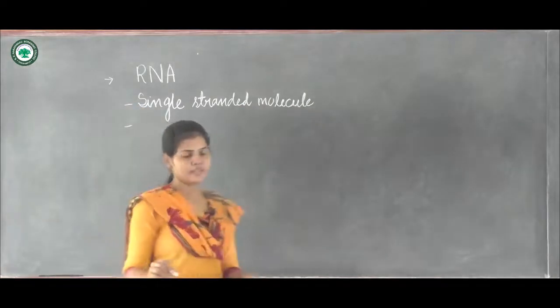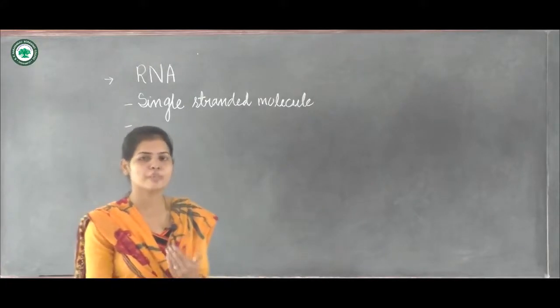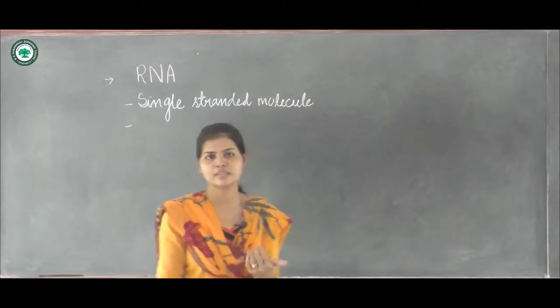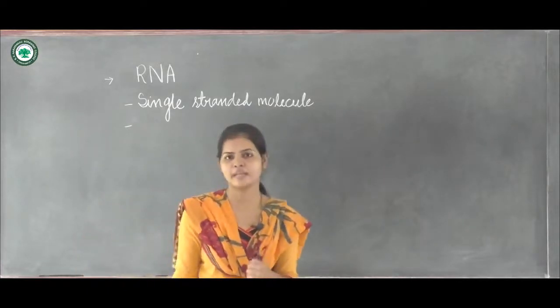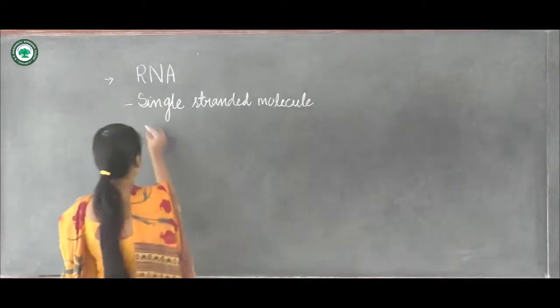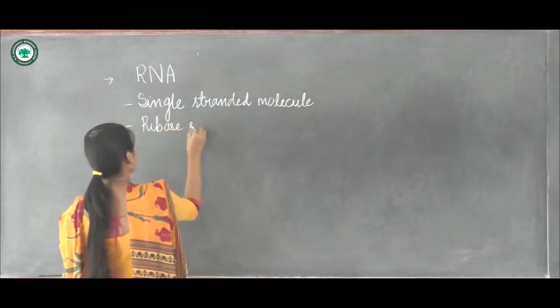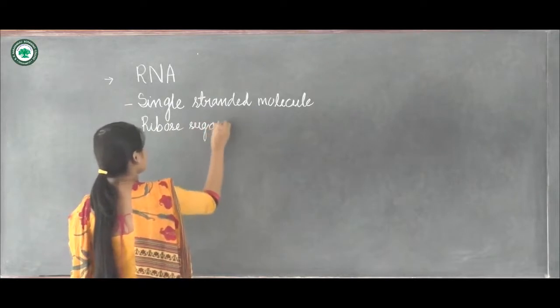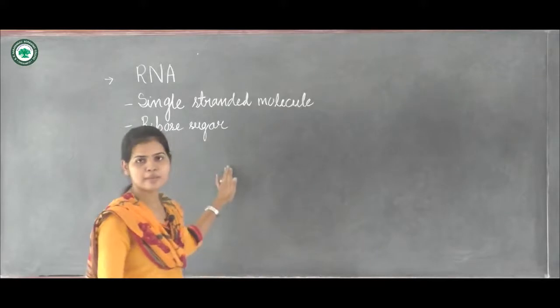Next, it has a different sugar from that of the DNA. In DNA, the sugar is deoxyribose, but in the case of RNA, the sugar is ribose. So in RNA, there is presence of ribose sugar.